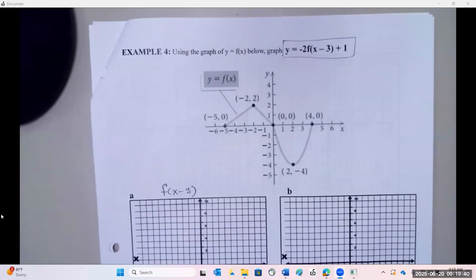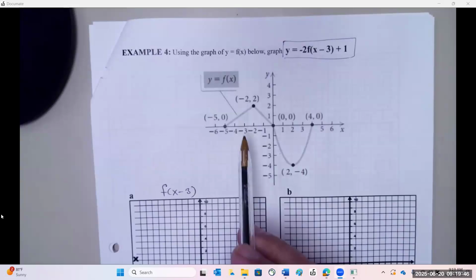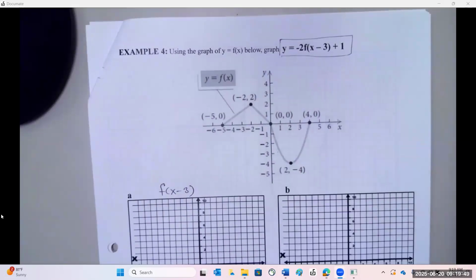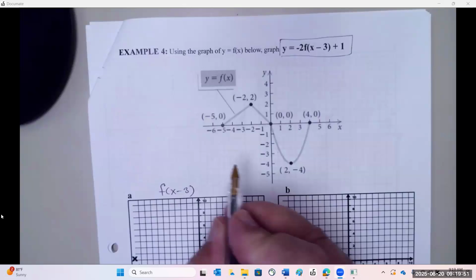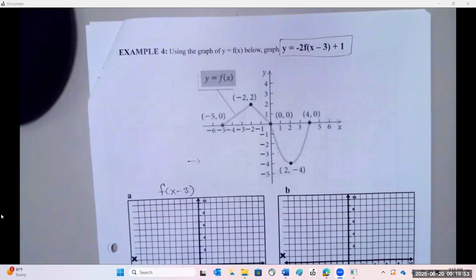Where does my graph shift? How many spaces? So each one of these points, I shift it to the right 3 spaces. So I add 3 to which value? To the x, because it's inside.